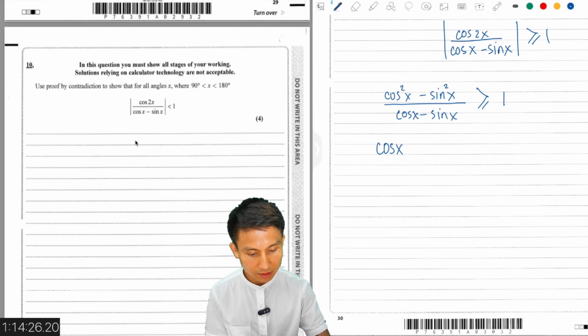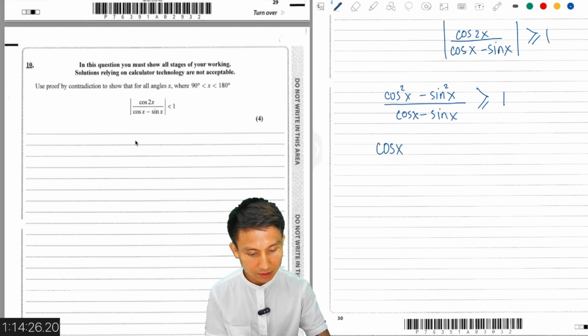And cos x plus sin x, well, you don't know because it could be less than 0, it could be more than 0, depending on which one is greater. But for sure, this is less than 0. So if you have a negative number and a negative number, you can cancel.